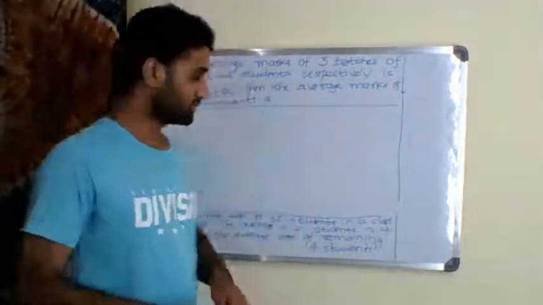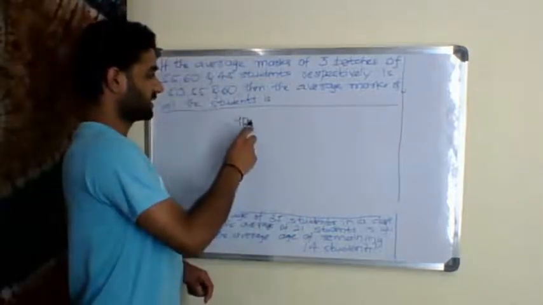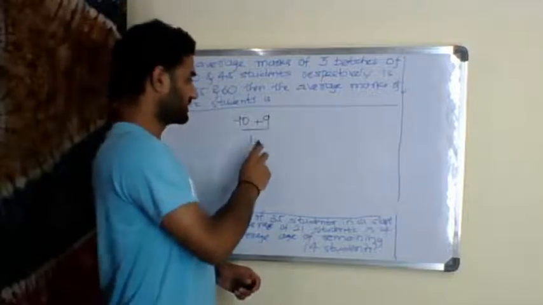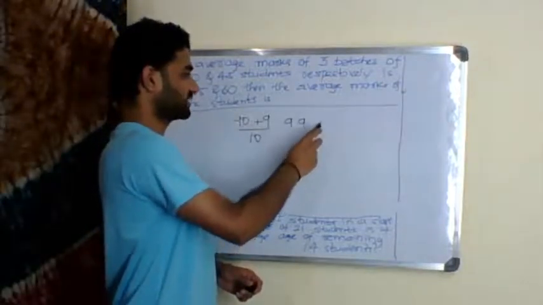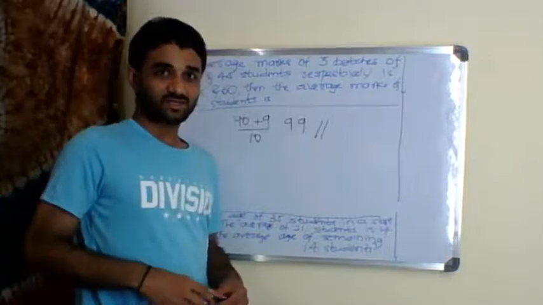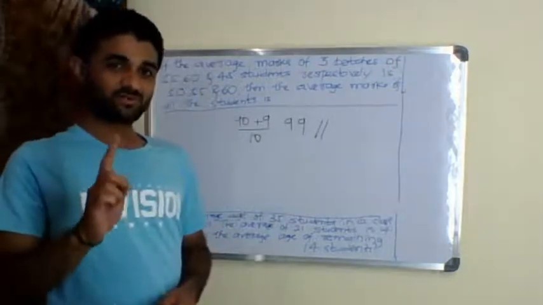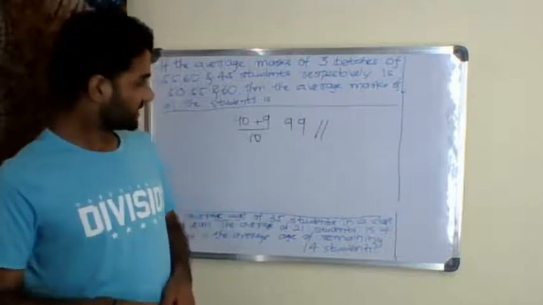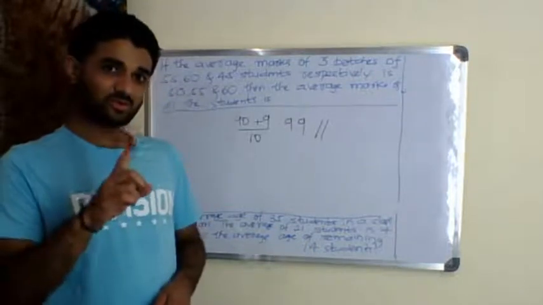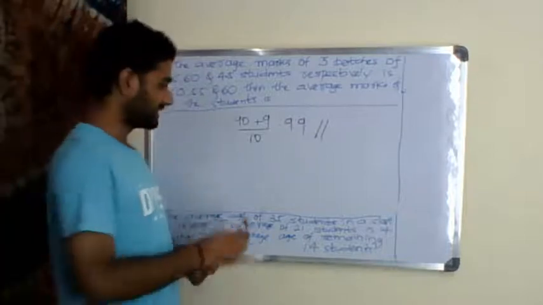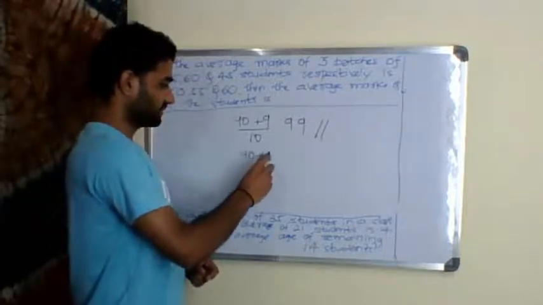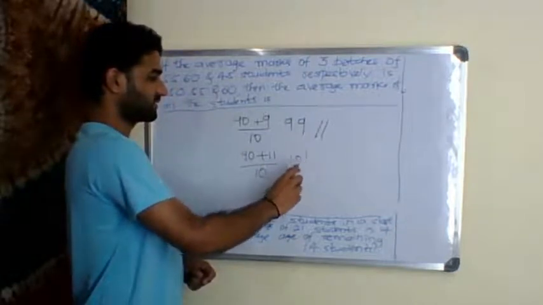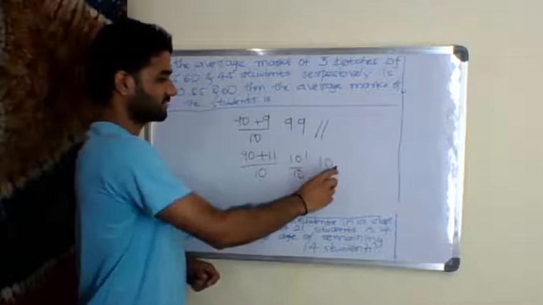So 9 tens is 90, plus 9 is 99, the sum. 99 by 10, the average becomes 9.9. See, even when one value is 9, the average got reduced to 9.9. Similarly, if one value is 11 and the rest are 10, 9 tens is 90 plus 11, divided by the number of scores, 10. So this is 101 by 10, which is 10.1.